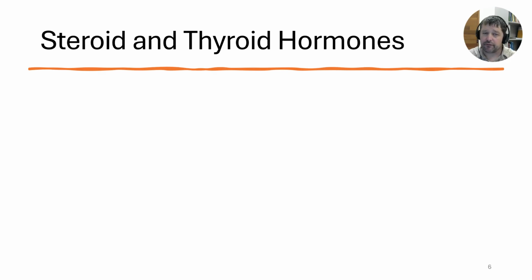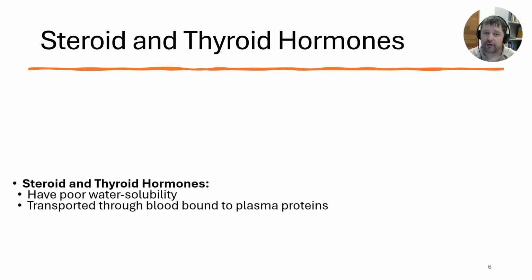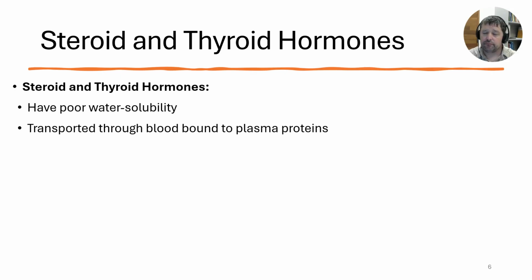All right, let's talk about a couple examples of this. Steroids in general have poor water solubility. We talked about this. You know this because fats don't dissolve in water, and a steroid is a lipid.